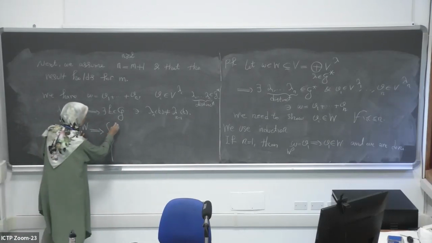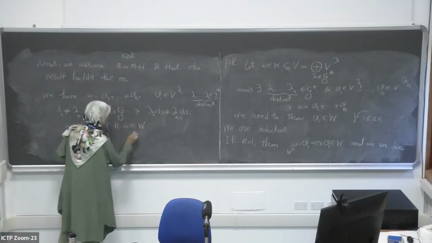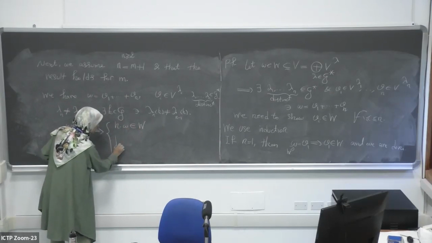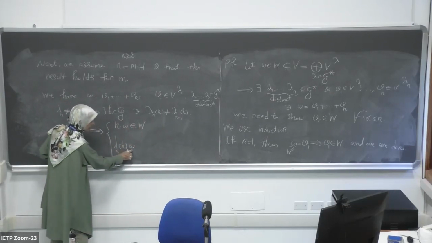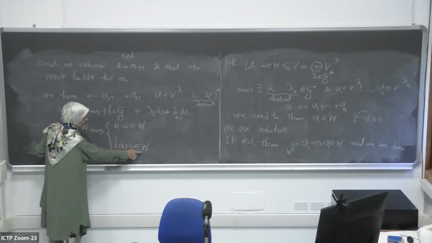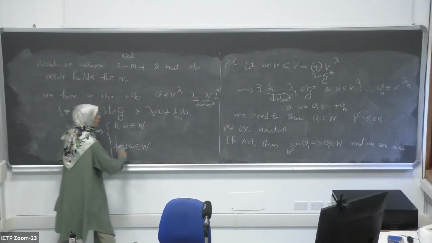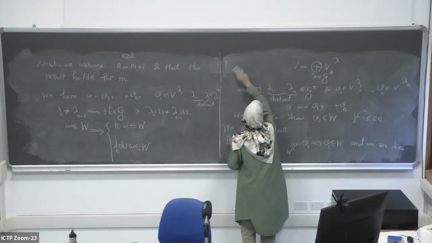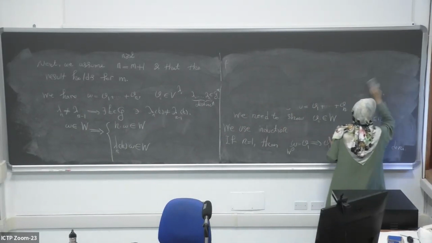So hw is an element of W, and also lambda_n(h) is a scalar and W is a subspace, so lambda_n(h)w is an element of W. And now let's look at these two and try to get something from these two properties.